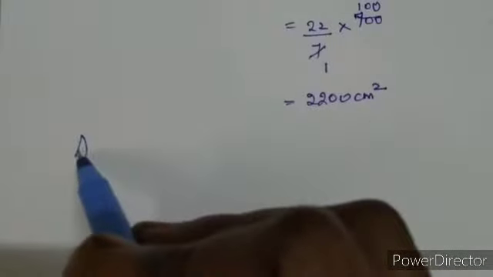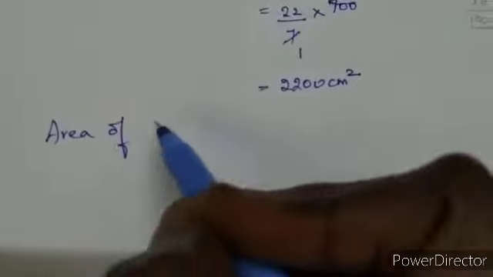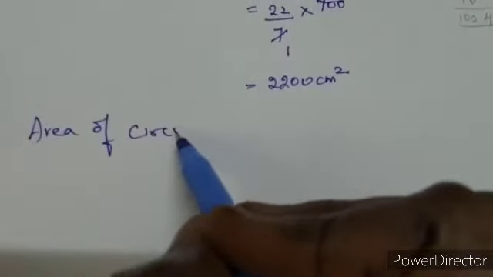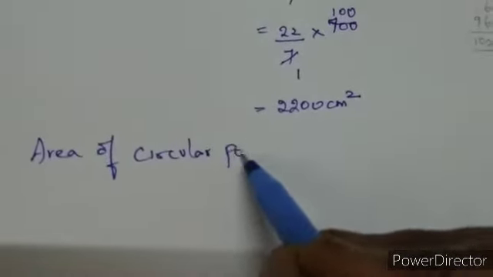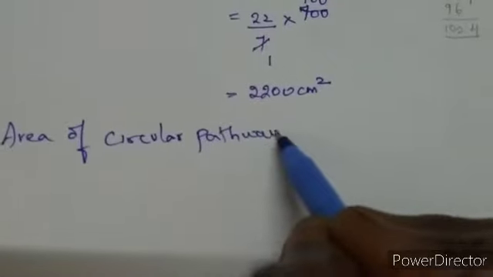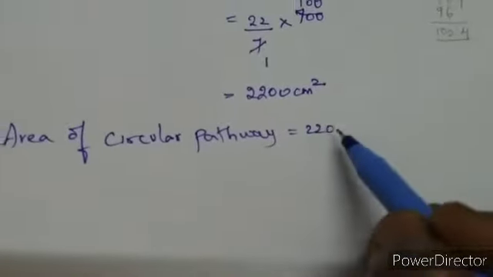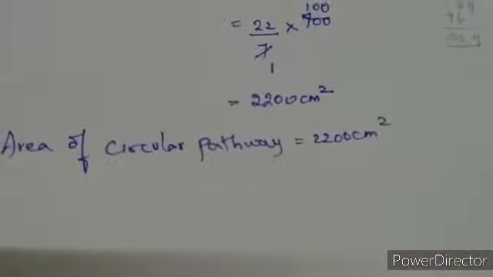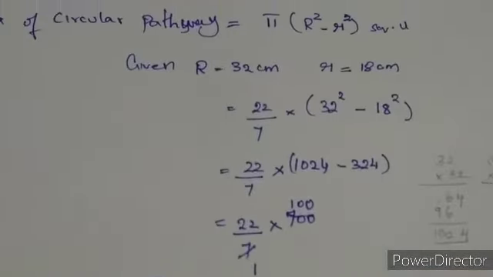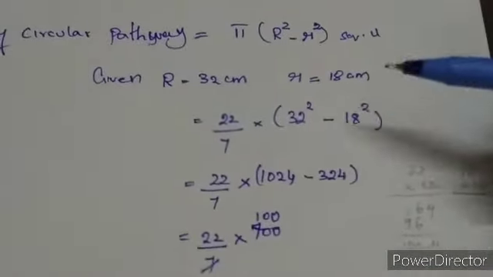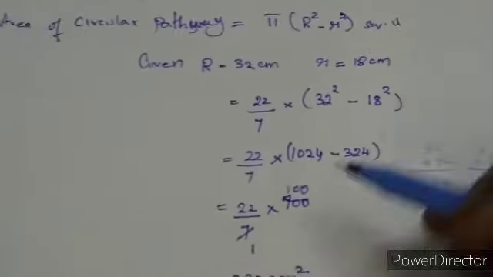So answer, area of a circular pathway is 2200 centimeters square. Is it clear, student? How to substitute the values in a given formula?